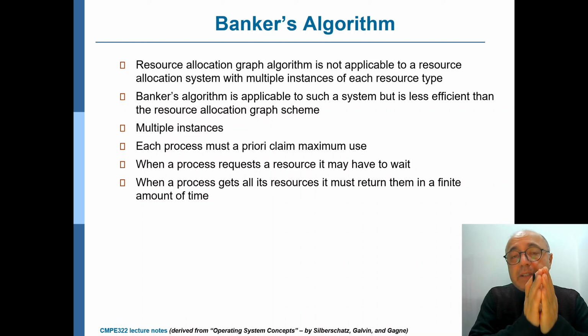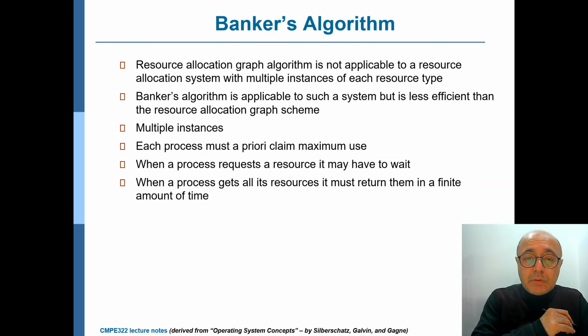Now, that was the case for a single instance for each resource. What if we have multiple instances of the resources? Then we said the resource allocation graph does not help us, so we should work with Banker's algorithm. So here we talk about the Banker's algorithm.